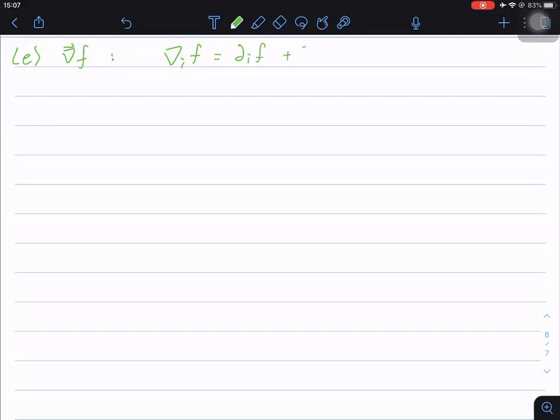The definition of the covariant derivative, for a scalar function there will be no Christoffel symbol, just the partial derivative. So yeah, it's simple. What's the partial derivative in spherical coordinates? It's just partial r, partial theta, and partial phi.